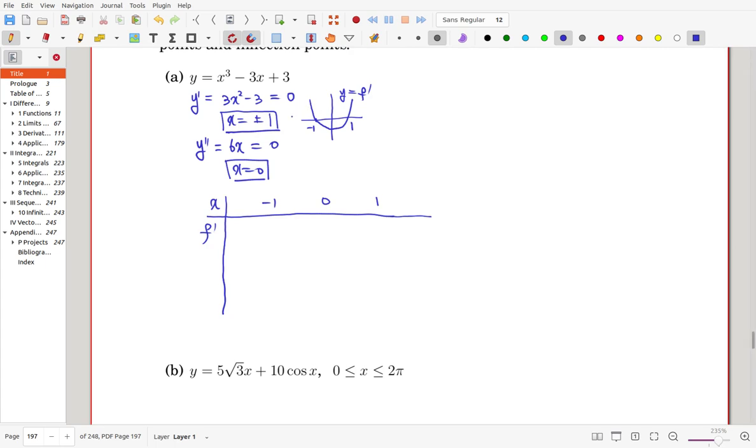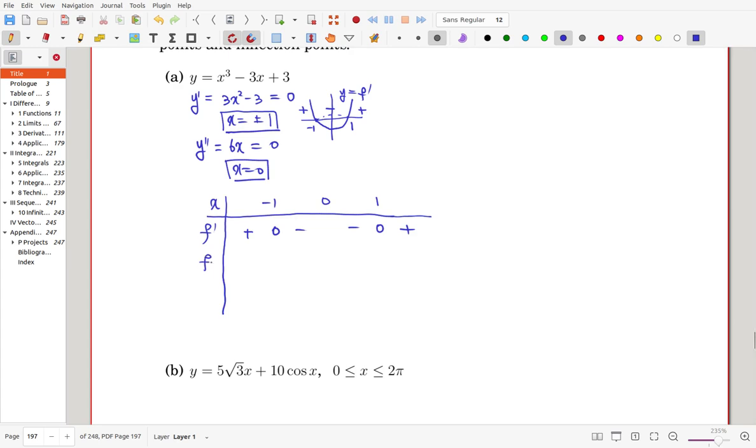If x is less than minus 1, it is positive. Between minus 1 and 1 it is negative, and larger than 1 it is positive. So here positive, then negative, and then positive. Of course, at minus 1 and at 1, the value is 0.